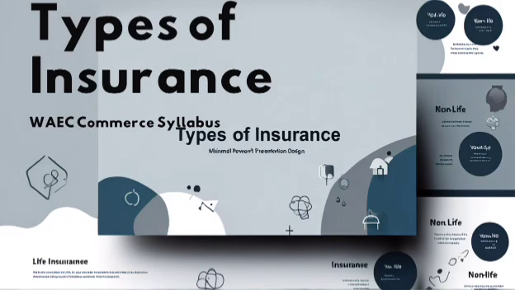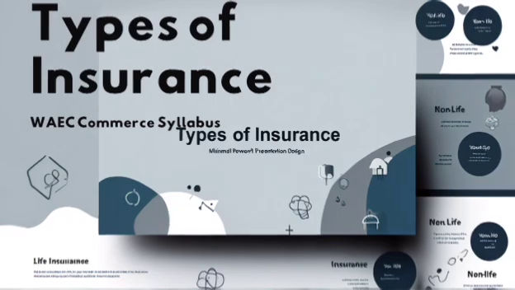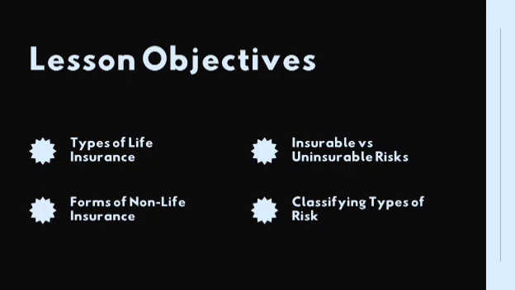Up next, let us talk about our lesson objectives for today's lesson. By the end of this lesson, you will be able to, number one, differentiate between the various types of life insurance, including whole life insurance and endowment policy. Two, identify and explain different forms of non-life insurance, such as motor vehicle, fire, fidelity, burglary, accident, consequential loss, and marine insurance.